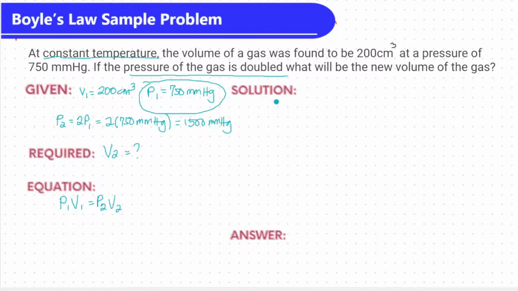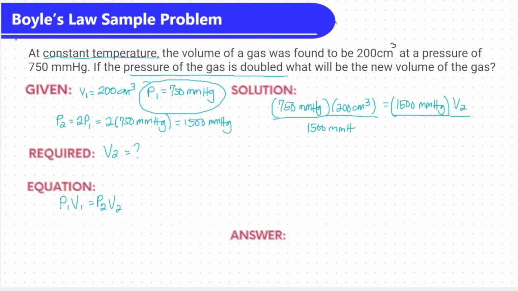Okay, so we can immediately plug in the values. For our V1, 200 cubic centimeters. Then for our P2, we have 1,500 millimeter mercury and V2 is missing. So, dito kayo na bahala kung paano nyo isosolve si V2, pero ang ipapakita ko ngayon dito ay kung paano yung pinaka step by step.